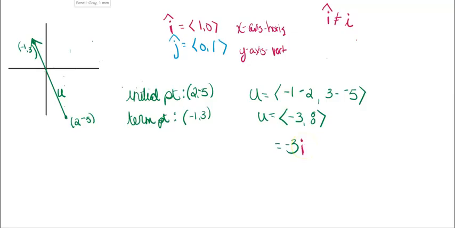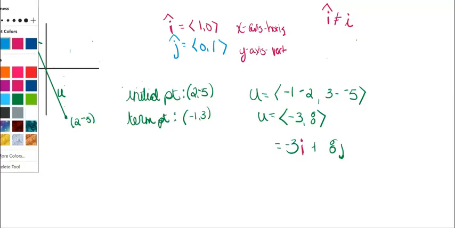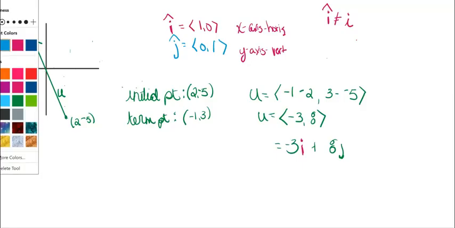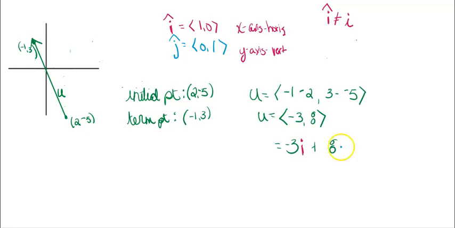Plus 8 times j. Well, I wanted it to be blue. Hold on. And that is all you do. That's how you can rewrite the vector u as a linear combination of unit vectors.